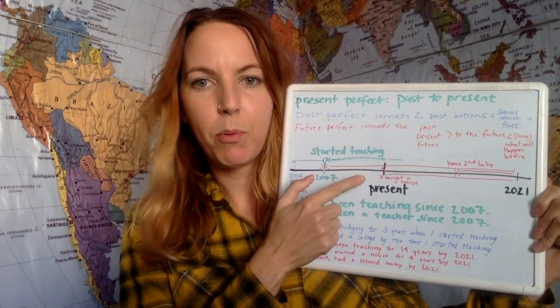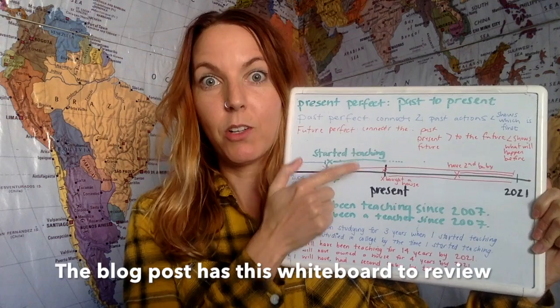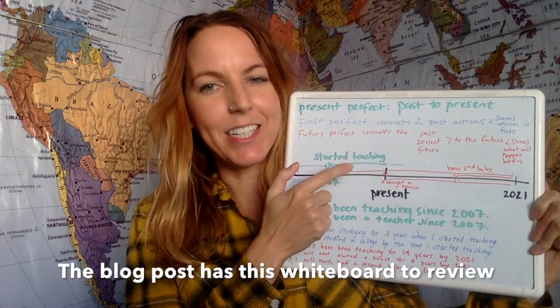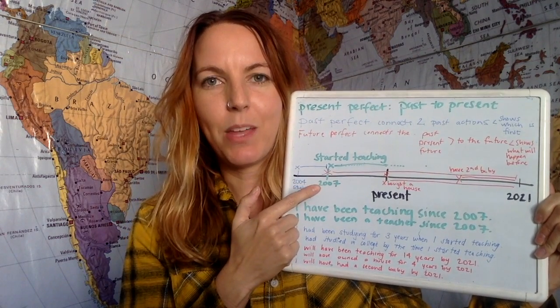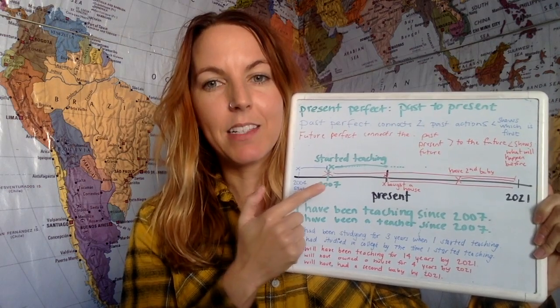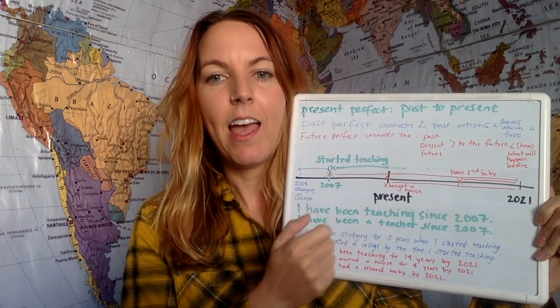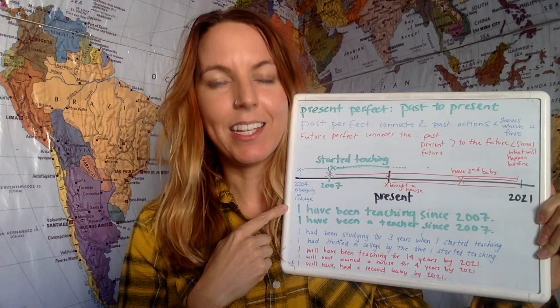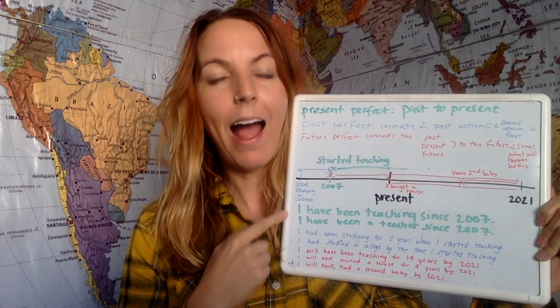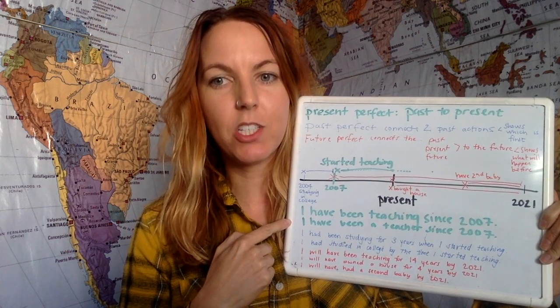So we have the present tense here, which is currently, right now, 2017. I started teaching in the past, in 2007. So connecting the past to the present, I can say, I have been teaching since 2007, or I have been a teacher since 2007.